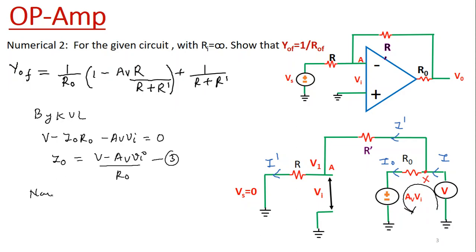Now we have to find VI from the circuit diagram. Here we see that VI comes across the resistance R, because this point is already grounded. So VI will be equal to I dash, the current through the resistance R, into R. So VI will be I dash into R. Now we put the value of I dash in this equation, and we get V into R divided by R plus R dash.